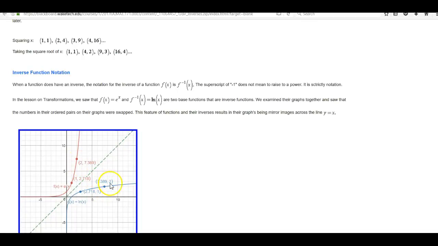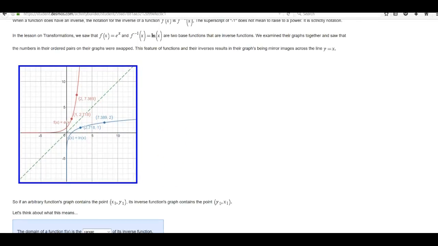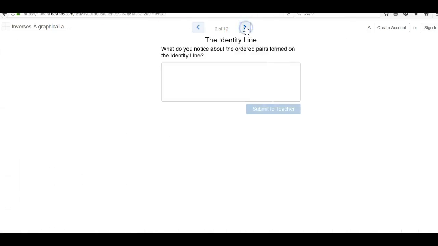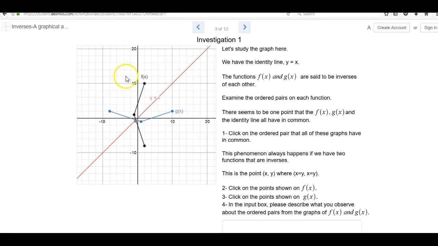Notice the x coordinate here is the y coordinate here, etc. So I could have any given function and its inverse, but have no idea what the equation of the function is. For example, I have no idea what the equation of this function f of x is, but I know that g of x is its inverse because it's the reflection of it across this line y equals x. And I can verify that by clicking on these points.